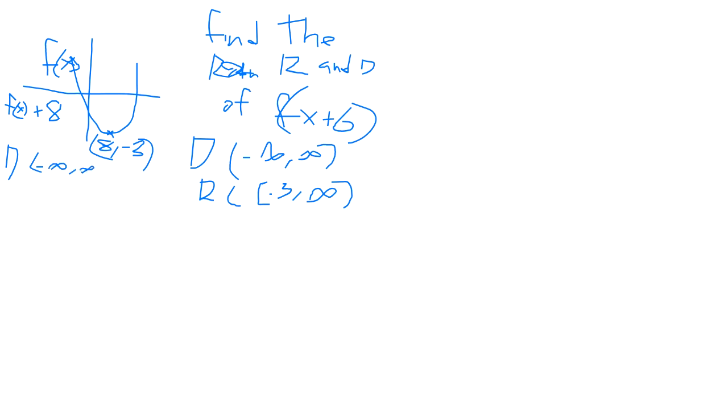What about the range? 5 to positive infinity. Good. It will be 5 inclusive. Have you seen that? Because the range will now shift by 8 units up.